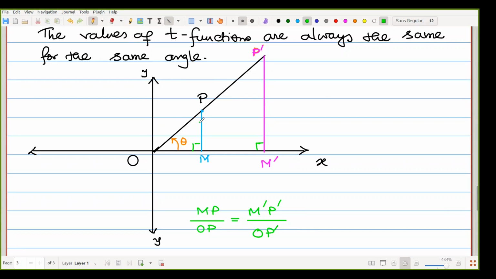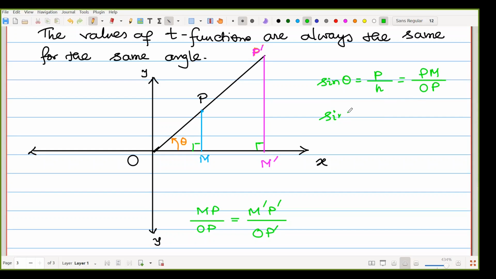That means whatever sine theta we are writing here, sine theta means perpendicular divided by hypotenuse. So here, for the first right angle triangle PMO, perpendicular means PM, that is also divided by OP.